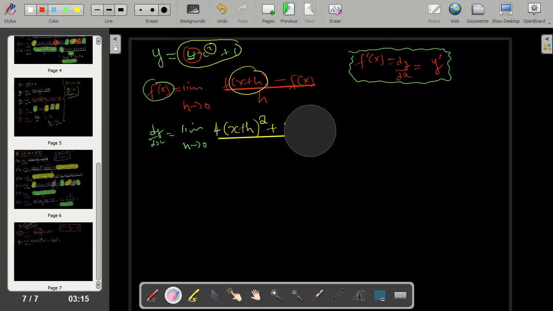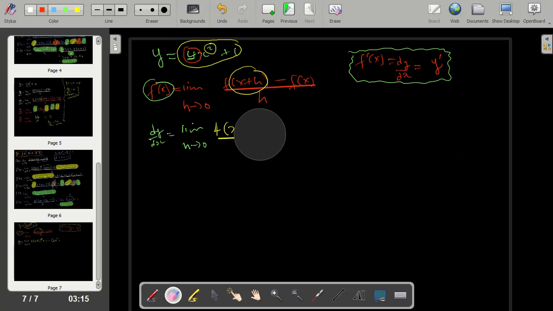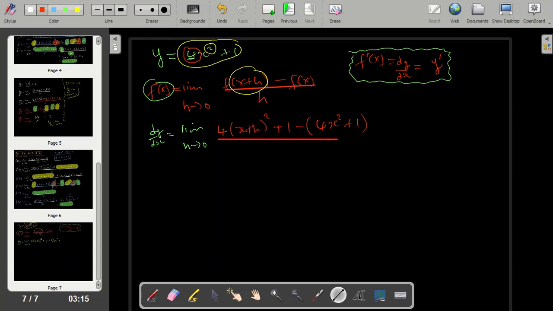Sorry for that. We bring the 4 there, then open x plus h, squared since the function is to the power 2, then plus 1, then minus the whole function in bracket 4x squared plus 1, everything divided by h.